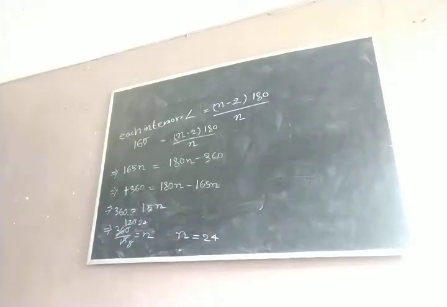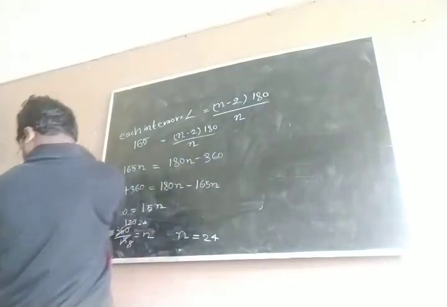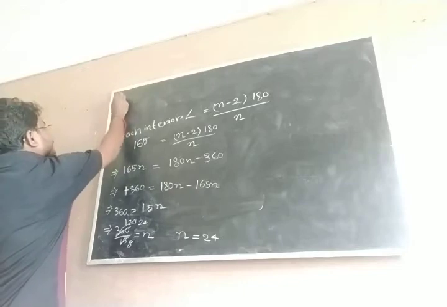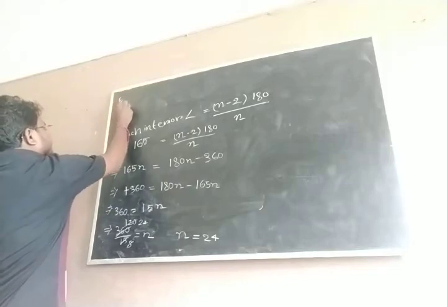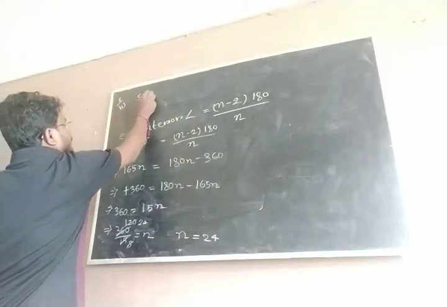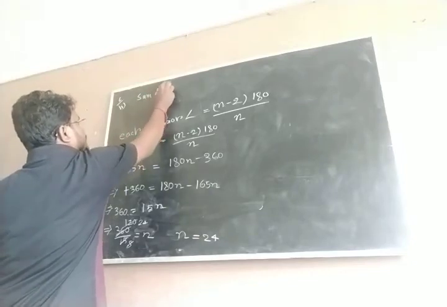Sum of all the interior angles is given, but sides are not given. Then you have to find the number of sides. We know this is 6. What is given? Sum of all interior angles.